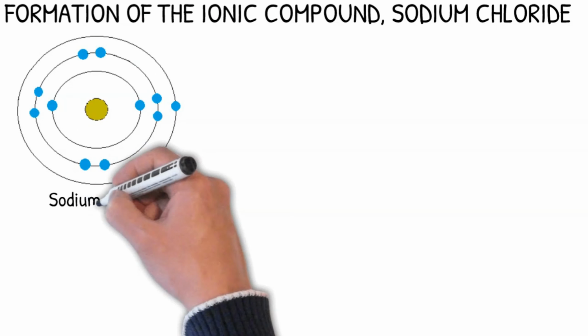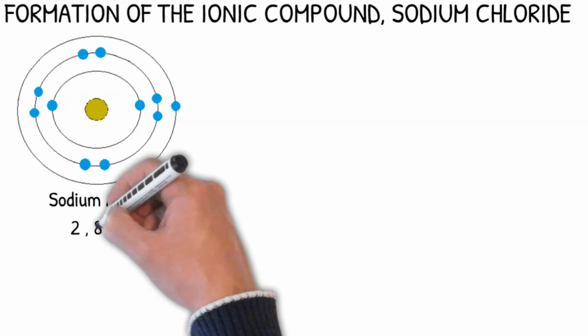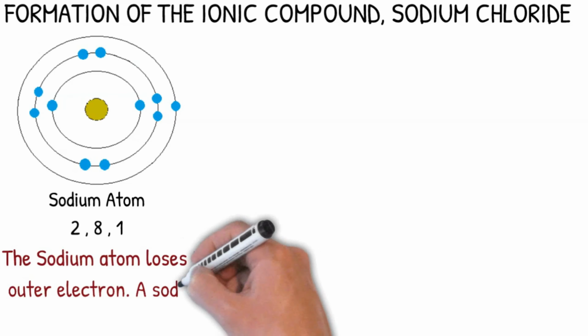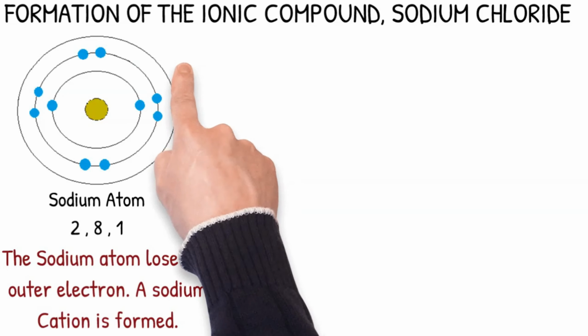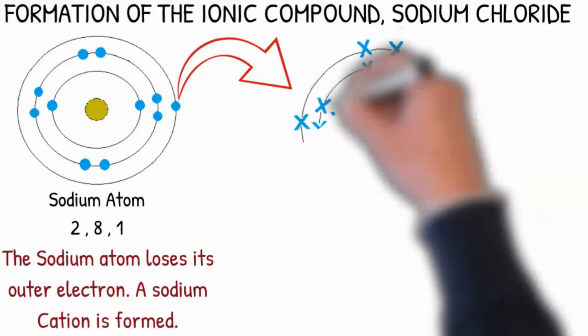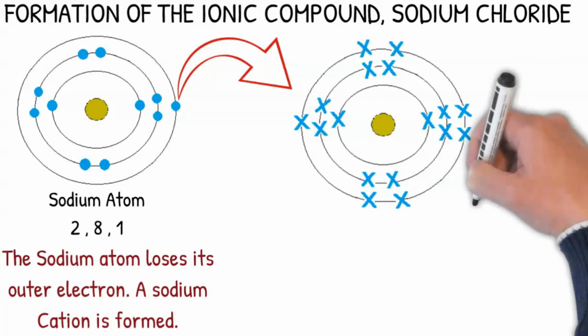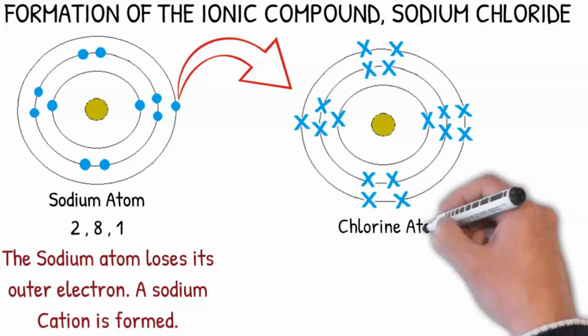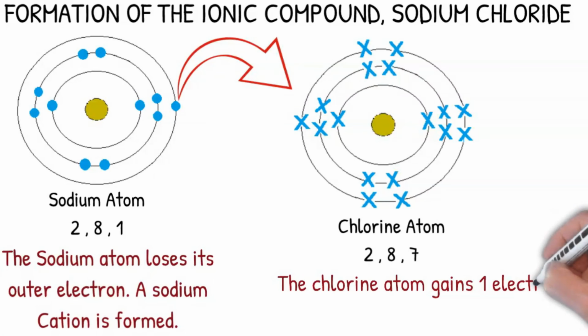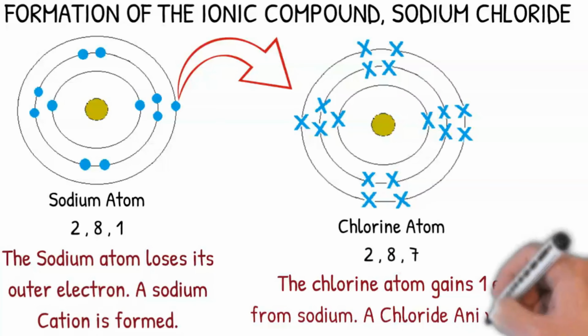Sodium atom has an electronic configuration of 2, 8, 1. The sodium atom loses its outer electron, a sodium cation is formed. Chlorine atom has an electronic configuration of 2, 8, 7. The chlorine atom gains 1 electron from sodium, a chloride anion is formed.